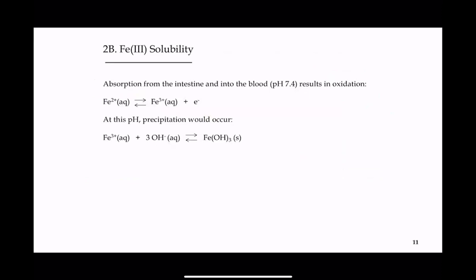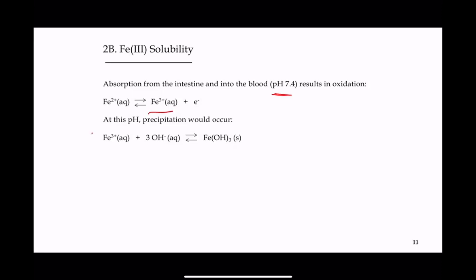All right, so let's look at this for a moment, this idea of the solubility of the iron. As I already mentioned to you, iron 2 is quite soluble, whereas iron 3 is not. Here I'm just showing you this idea of the iron getting oxidized, and then at a pH of 7.4, and I'm highlighting that pH because that is the pH of serum, the pH of blood, we see that there's going to be a sort of precipitation event.